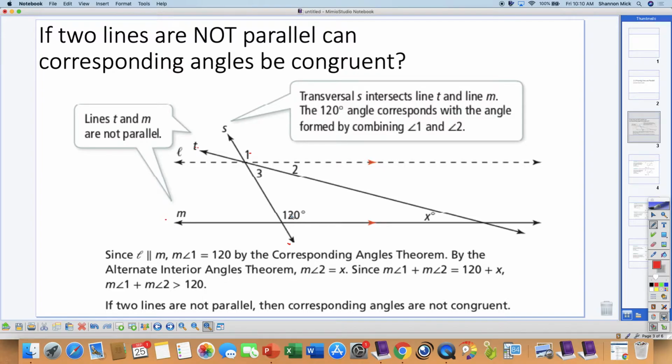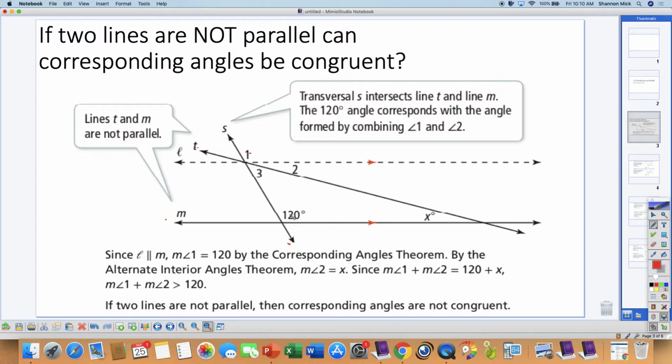There's nothing in your notes about this, we're just thinking about it. What it says is, since L and M are parallel, angle 1 has to be 120 degrees, yes?